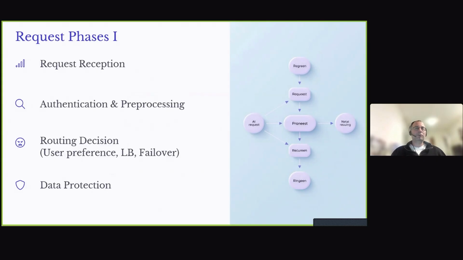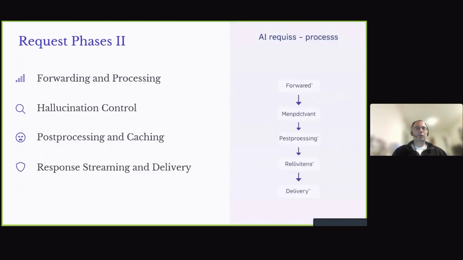We might want to reject some requests based on the content. We'll do then the actual routing. Which service are we going to send it to? And maybe then protect the data from coming out, the anonymization part that we talked about.